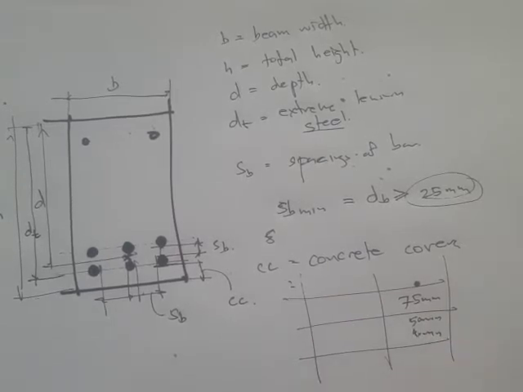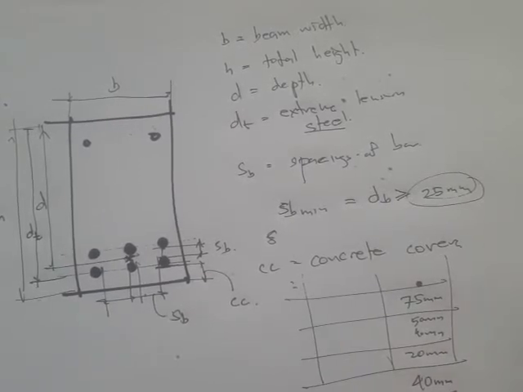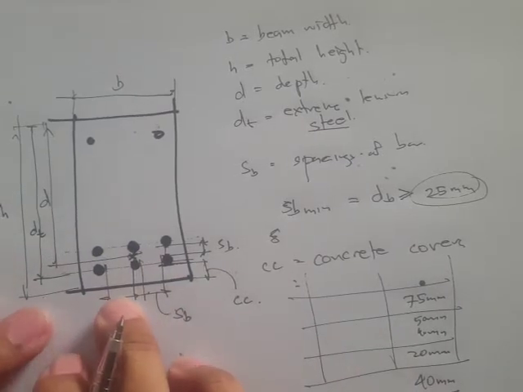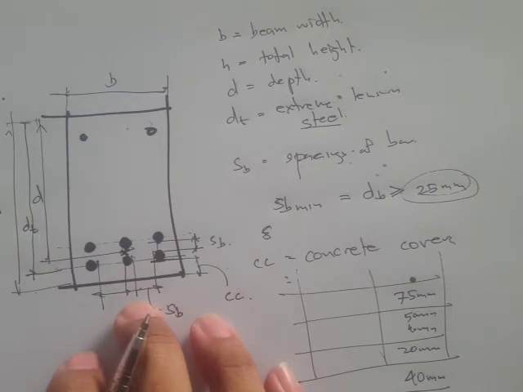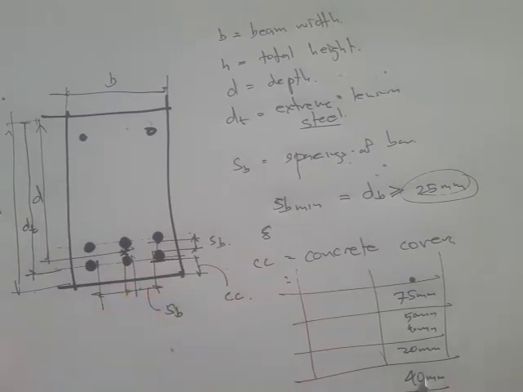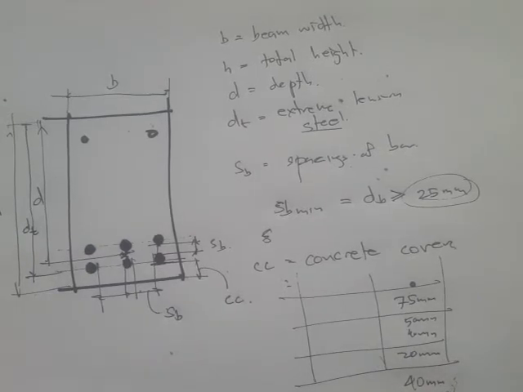For slabs, walls and beams, for slabs we have 20 mm, and for beams and columns we have 40 mm. So for example, if this is a roof beam or an elevated floor beam, then we have a 40 mm minimum concrete cover.